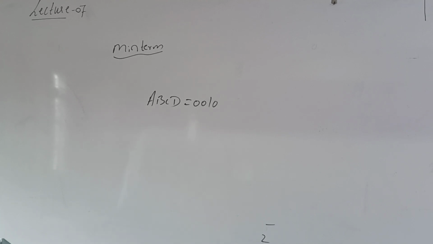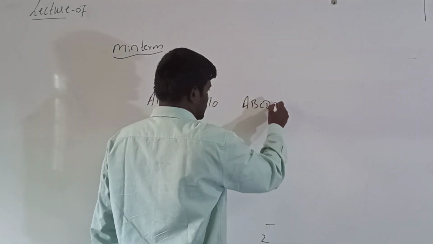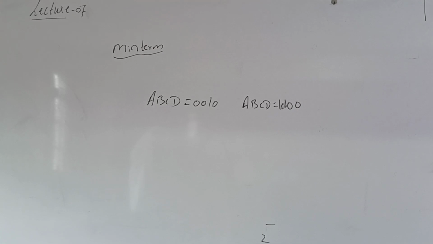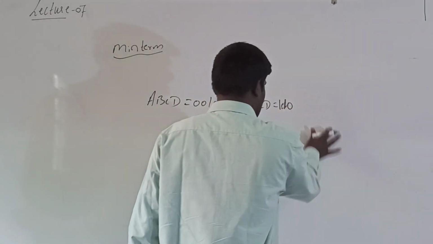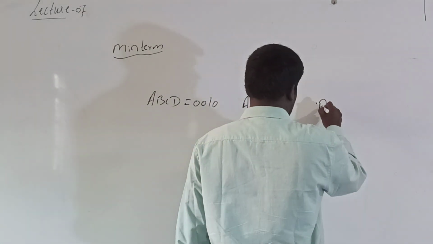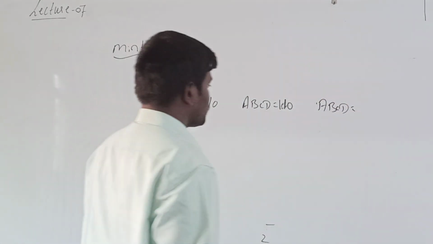Another one is A, B, C, D, the second one, A, B, C, D equal to 1 1 0 0. Here 1 1 0 is there, not 0 0, and A, B, C, D is equal to 1 1 0, 1 1 0.